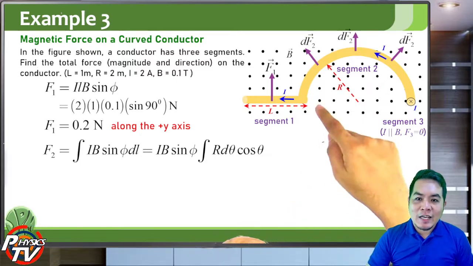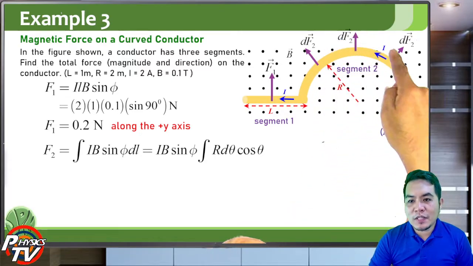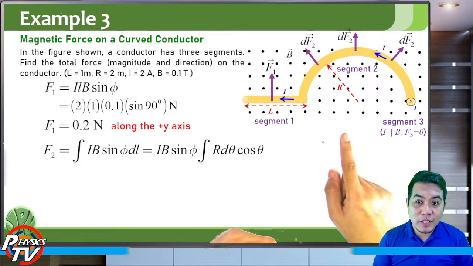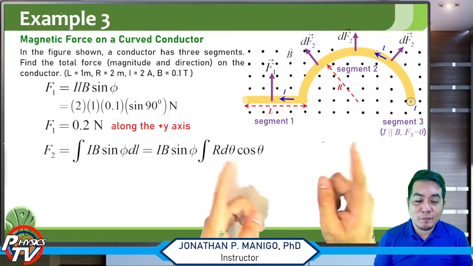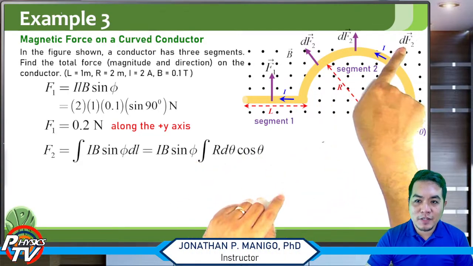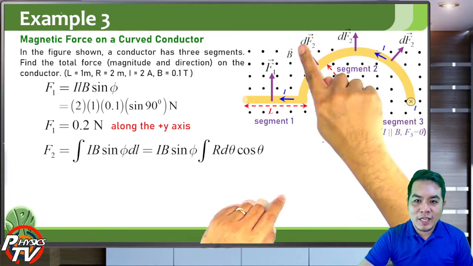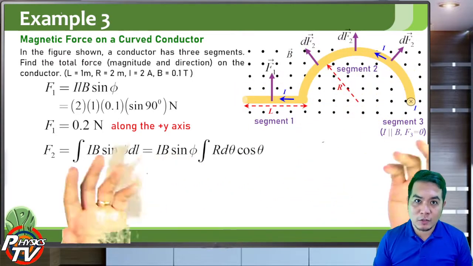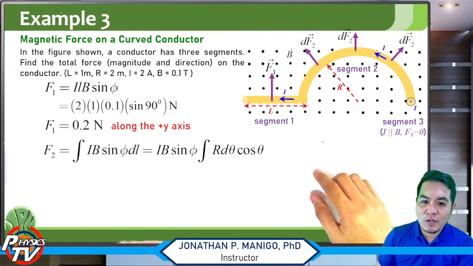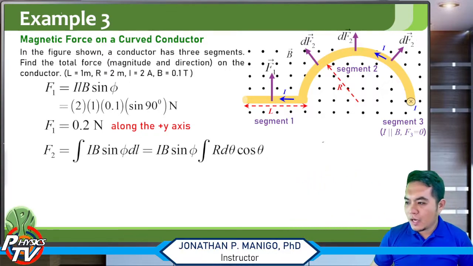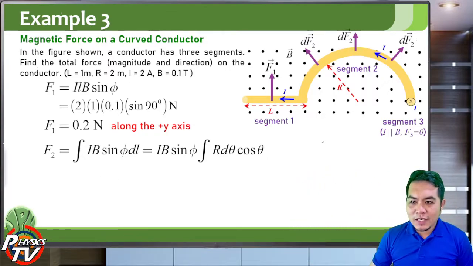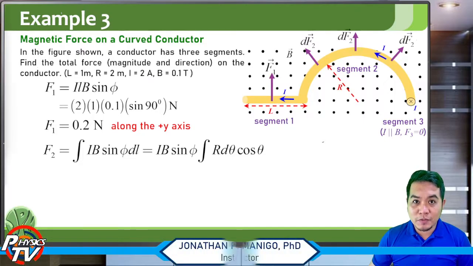So the force on this whole segment here will also be upward. The x component of this is to the right, the x component of this is to the left, so they will cancel each other out. Only the y component will contribute.